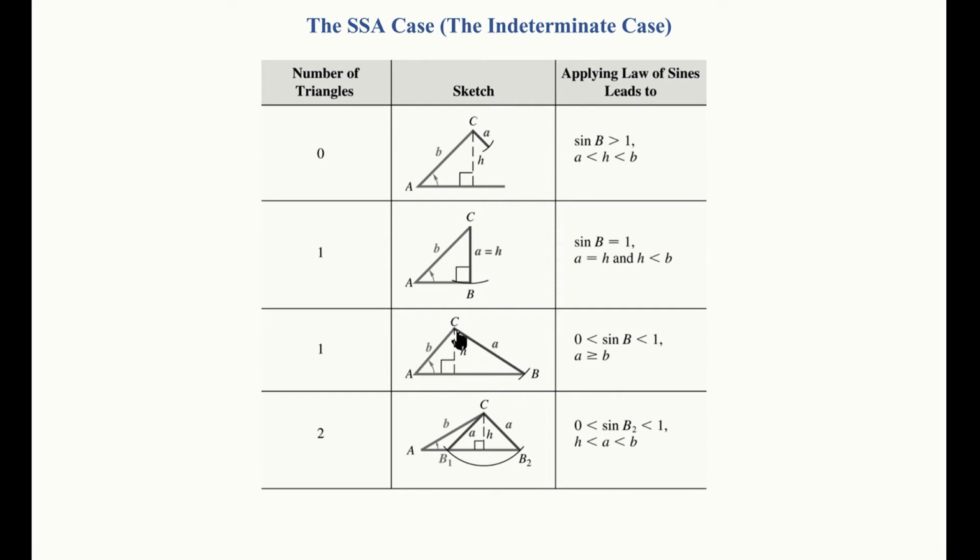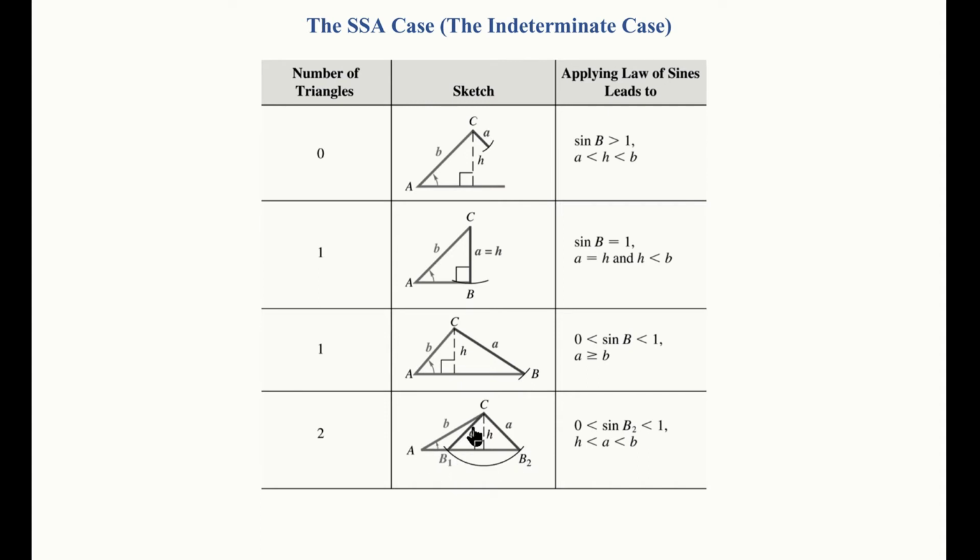If the third side is sufficiently long, you're going to have just one triangle possible. And sometimes the third side falls somewhere between this side and the altitude, in which case you can drop one side in this way and one that way, so you get two possible triangles.